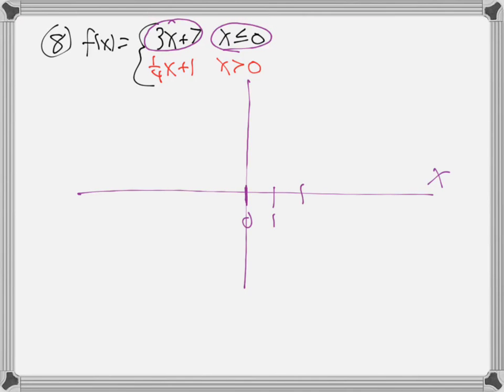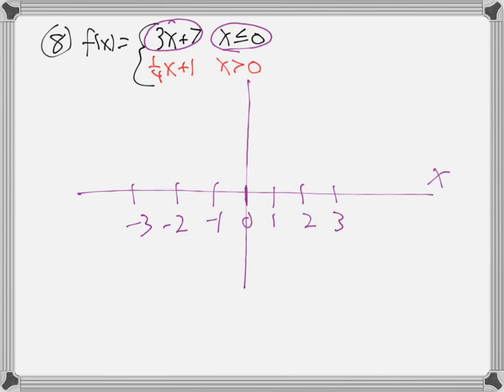Here's 0, here's 1, here's 2, here's 3, etc. Here's negative 1, here's negative 2, negative 3. So where do they want me to graph that first equation, 3x plus 7? Do they want me to graph it on the left side or the right side of the middle? My left side, because it says x less than or equal to 0.